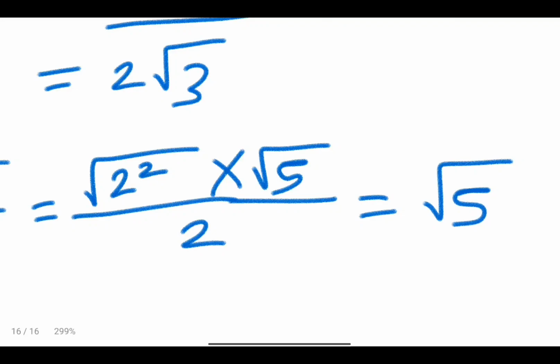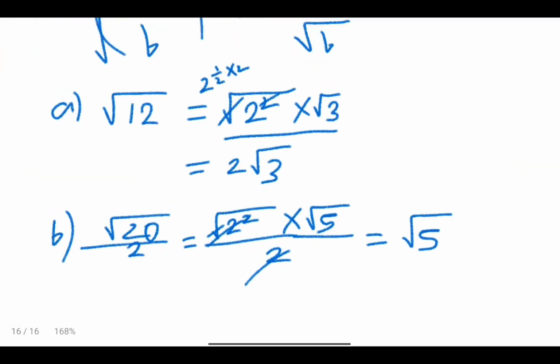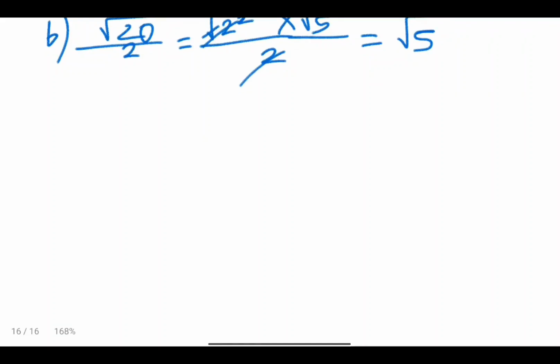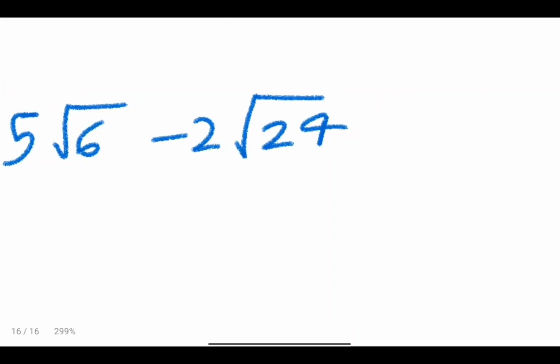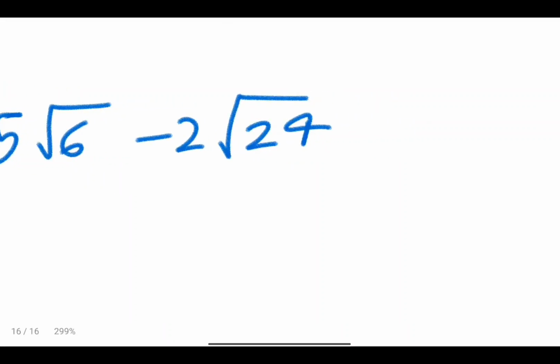How? This and this cancel out. We only have 2 and 2. These 2 and 2 cancel out each other. We only have root over 5. Finally, a very lengthy one. These are all example maths from the book, so you can try them out if you want.